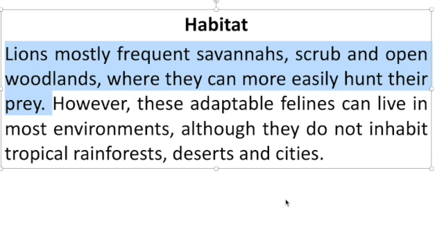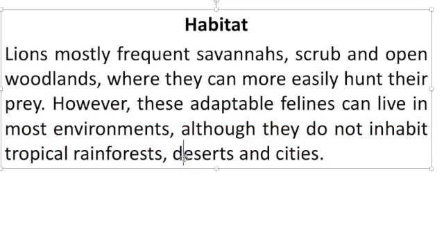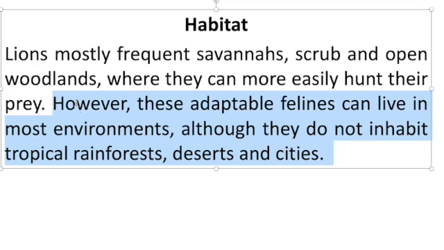We use the pronoun they. Next sentence, this is a long sentence. We've got however, because we're saying but. However, these adaptable felines, so that means the lions, can live in most environments, although they do not inhabit tropical rainforests, deserts and cities.